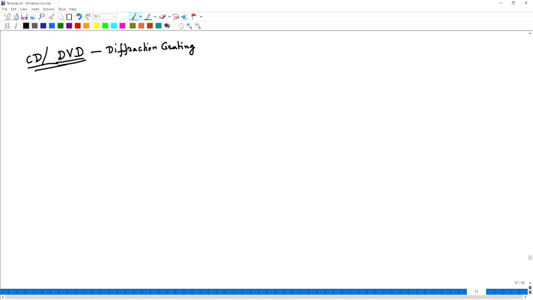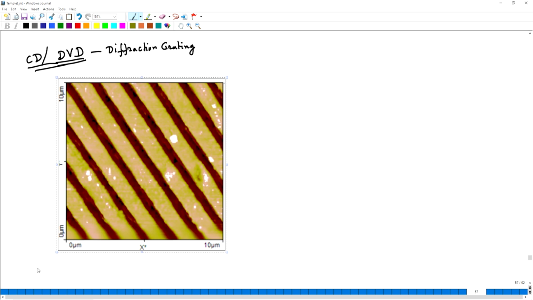A CD or a DVD can be used as a diffraction grating. If I look at a DVD surface under a microscope, we can see these tracks on the surface, and these tracks are very close to each other. For example, in the case of a DVD, the track spacing is of the order of 740 nanometers.